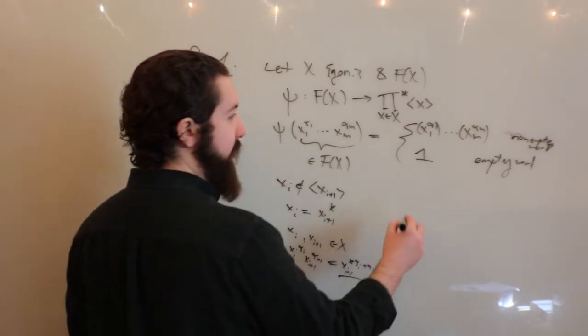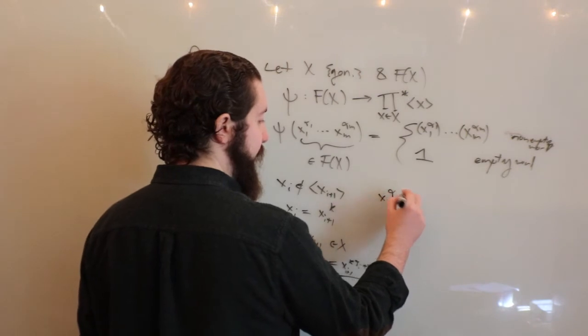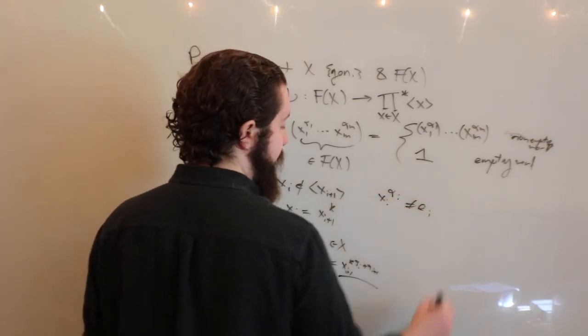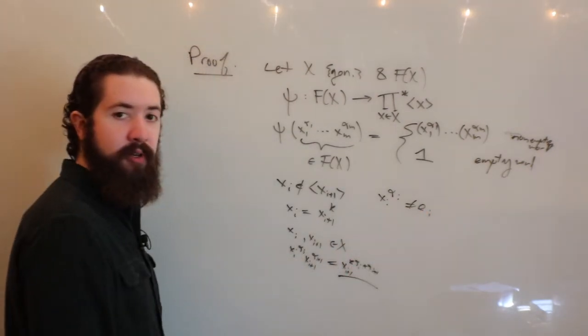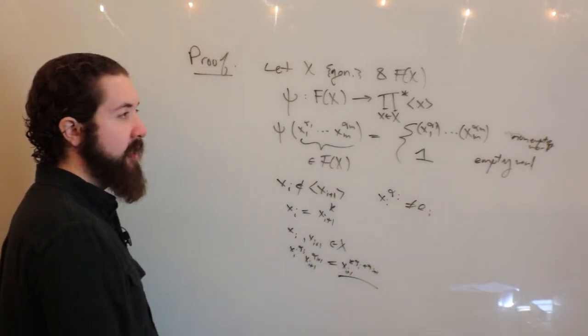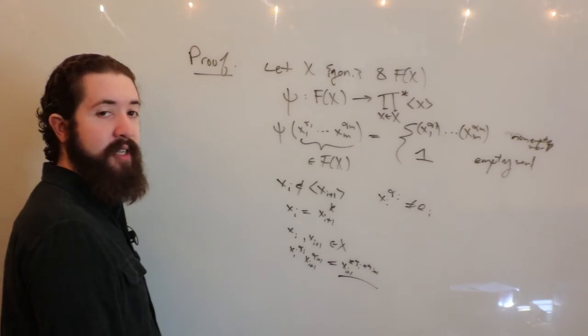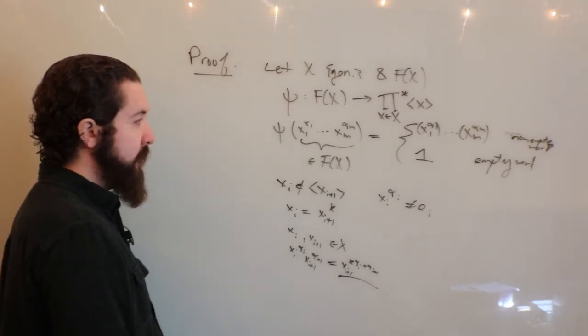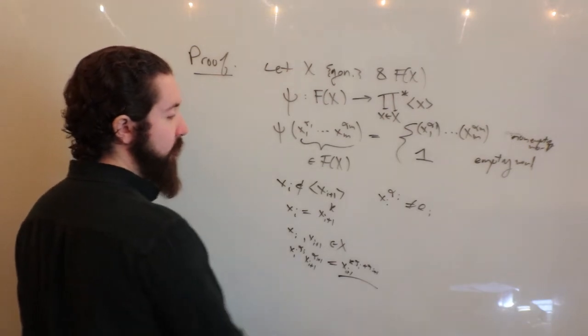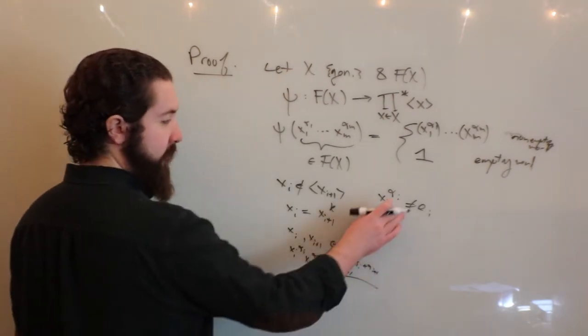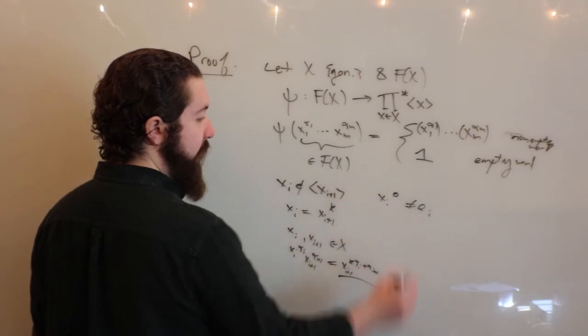Now we also need that x sub i to the alpha i is not equal to e sub i. In other words, it is not equal to the identity of that group. Recall that we can't have identities of a group inside the word. And we're not going to have that either, because the only time that this would be true would be if this power was 0.